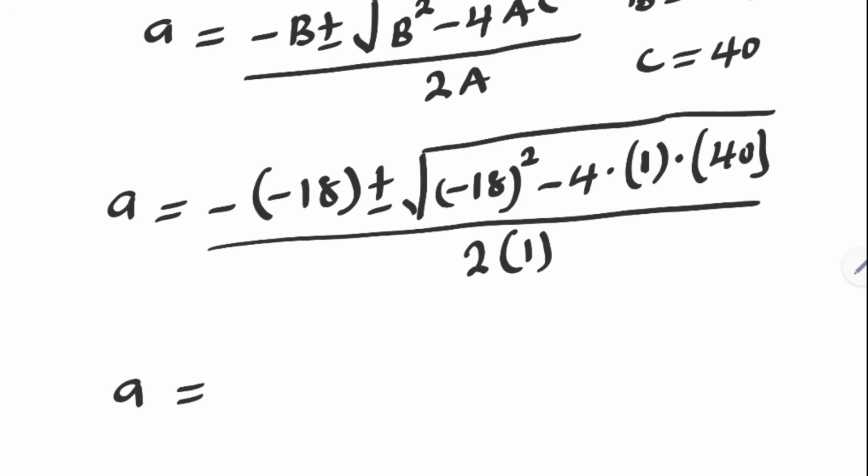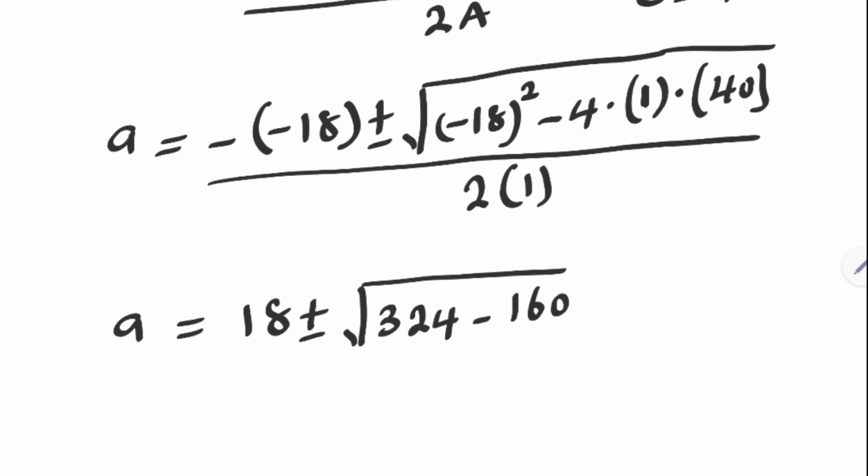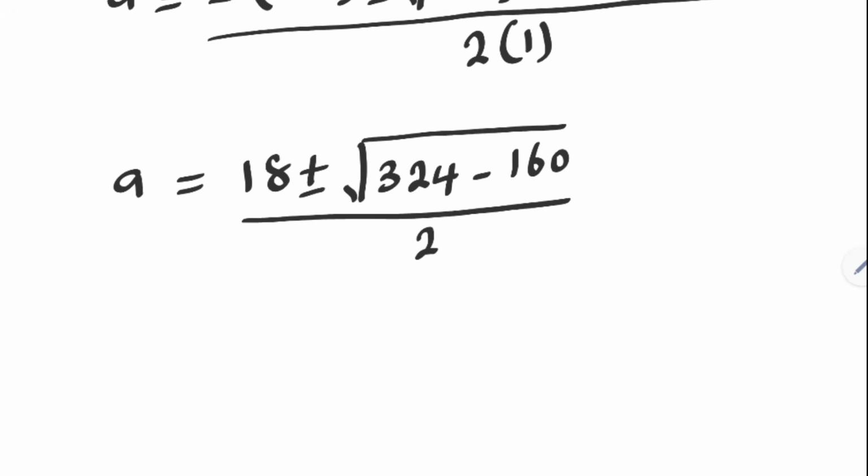A is equal to minus times minus 18, that is plus 18, plus or minus square root of 324 minus 4 multiplied by 1 multiplied by 40, which is 160, divided by 2 multiplied by 1, which is 2.